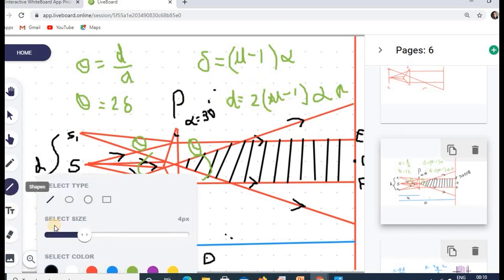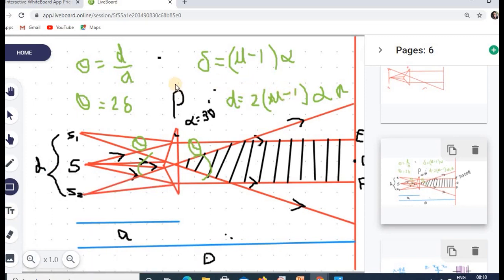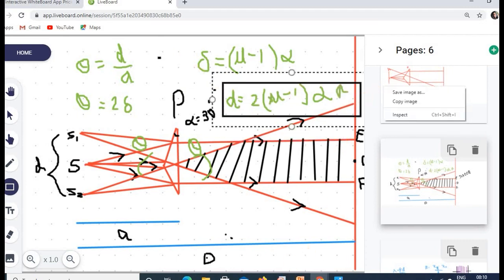And again, this is a very important result which is frequently asked. This result is frequently used for doing problems.